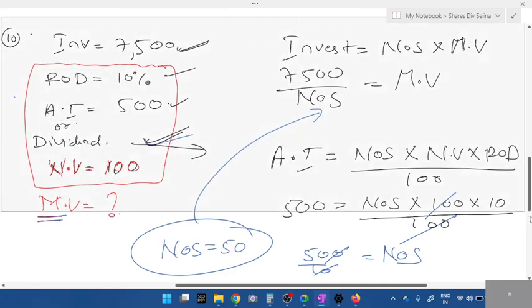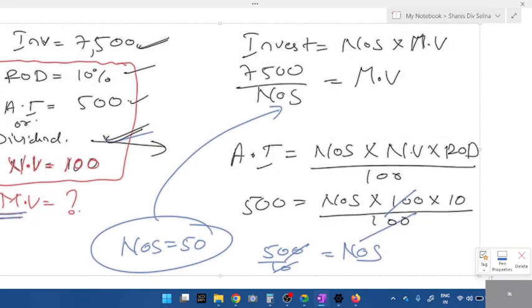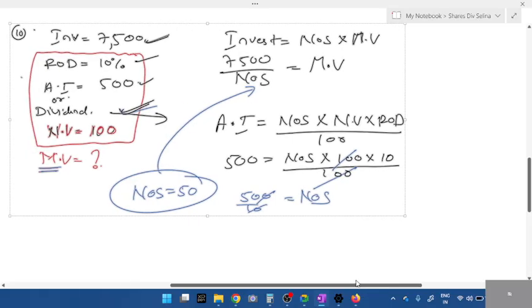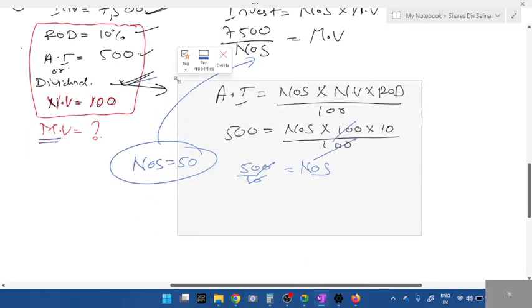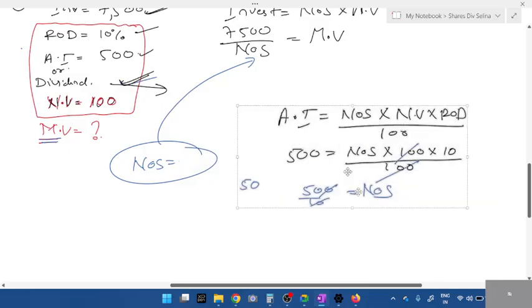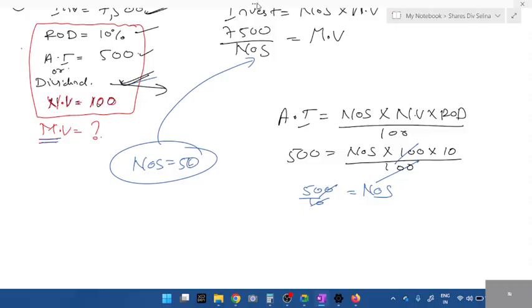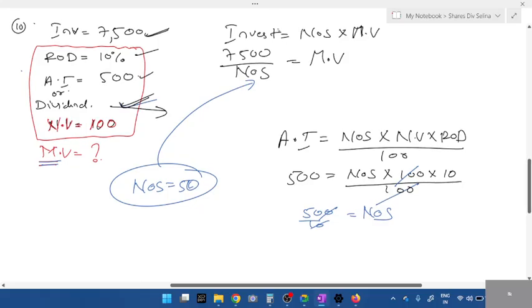Is it clear? All of you understood? So it's the same, students. You just need to find these four things in the beginning which I told. Let me write here. Fine. So you should know how to make use of these formulas.